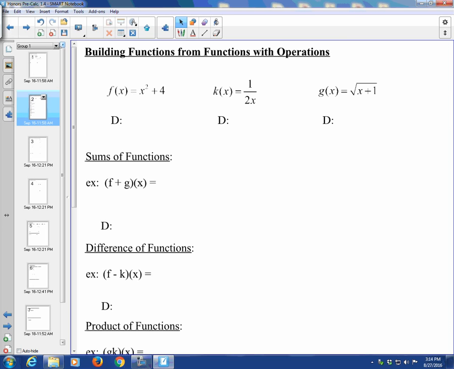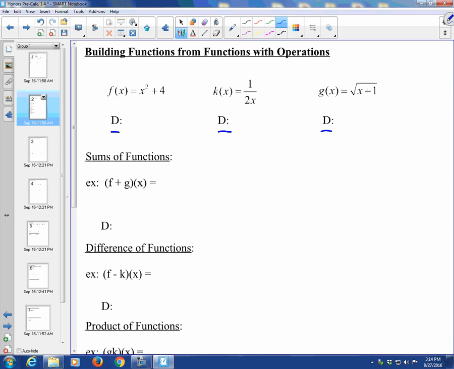All right, guys, so we're going to let you try some building of functions from functions with operations on your own. We've got an initial set of functions here, f of x, k of x, and g of x. You're going to determine the domain for each of these functions, and then create new functions by composing these functions with the given operation.